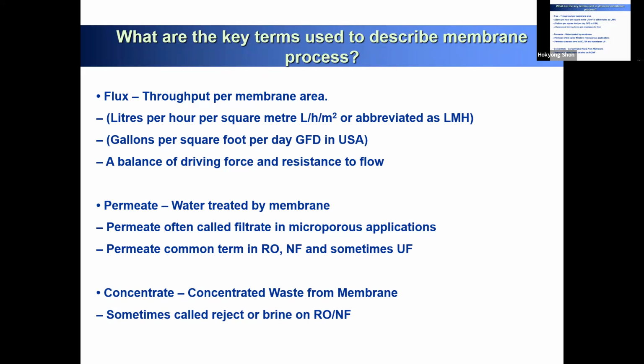And permeate, the water treated by membrane, is often called filtrate in microporous applications. Permeate is common in RO and NF, sometimes ultrafiltration. So we just say permeate, pure water passing through the membrane.